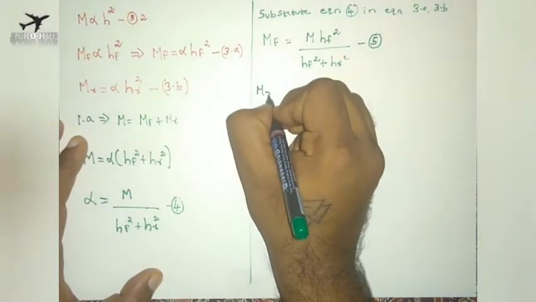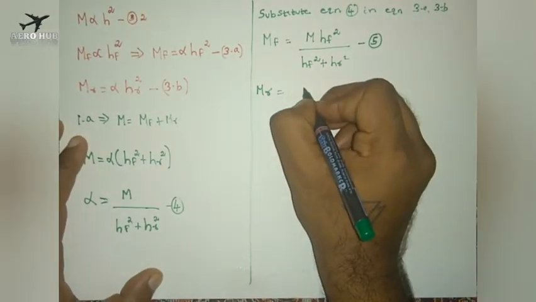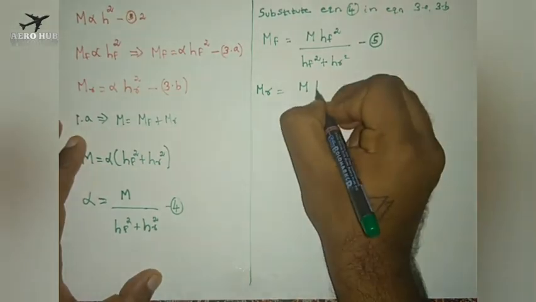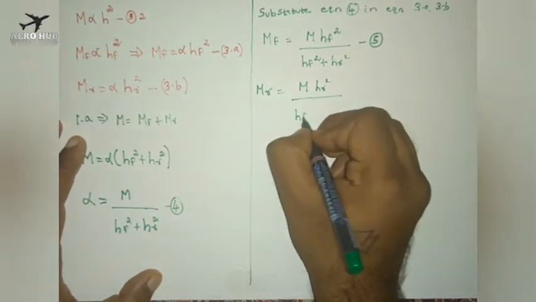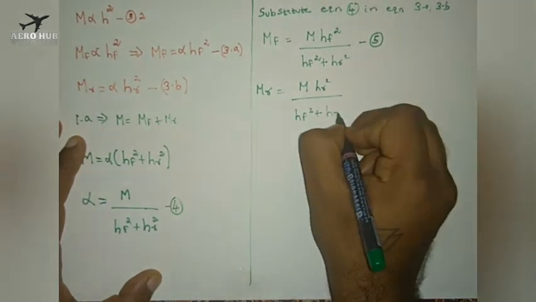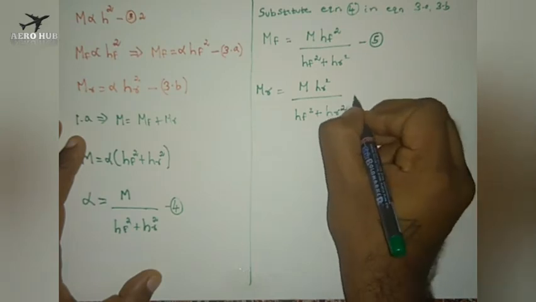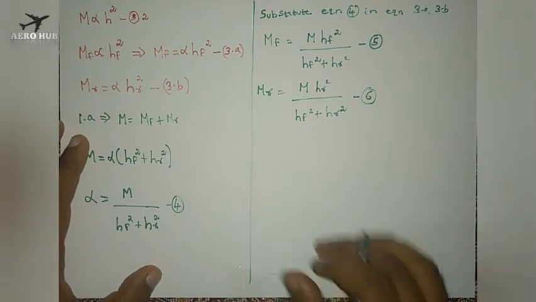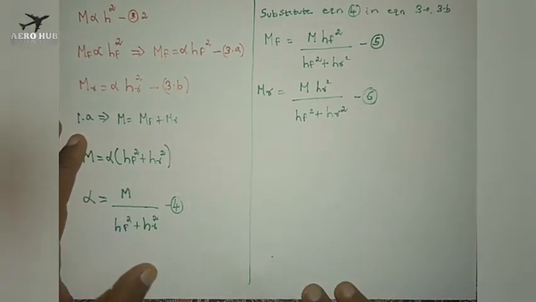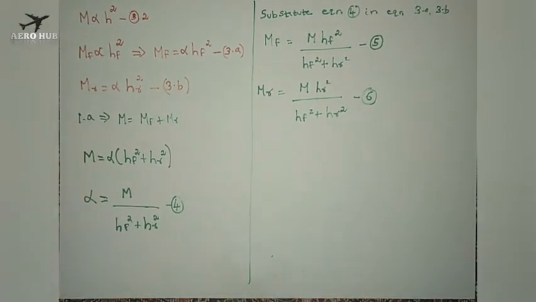And MR is equal to M into HR square divided by HF square plus HR square, equation number 6. So we got the value of moment acting on each spar.